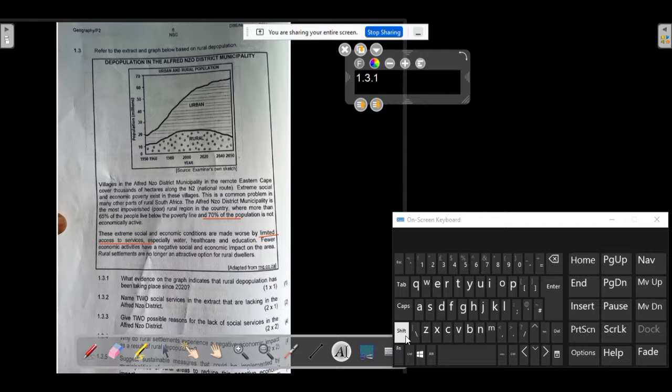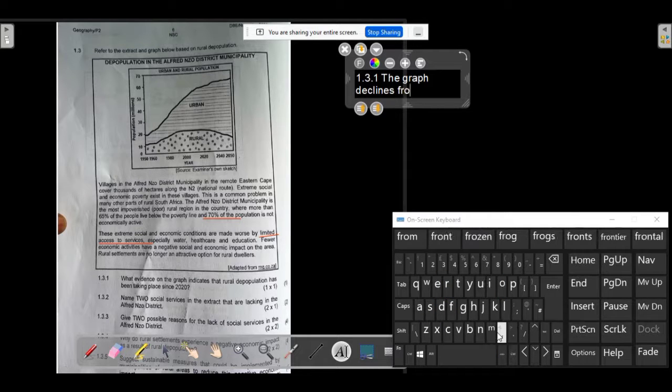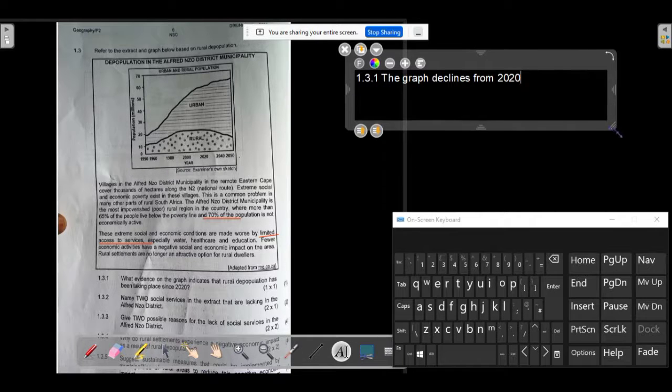We can see, guys, that the graph actually declines from 2020, or you can say it decreases or goes down. So that is the answer we are going with there.